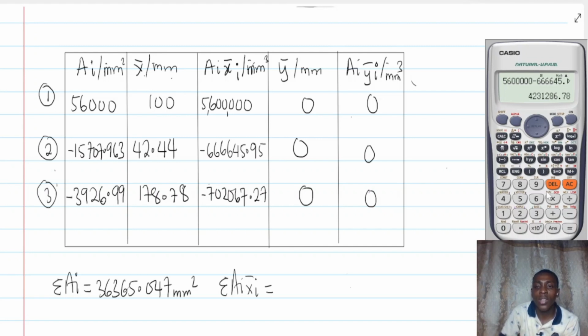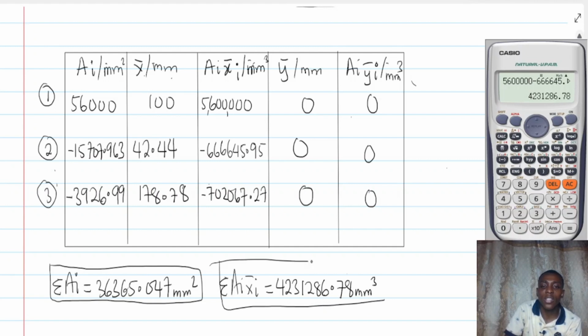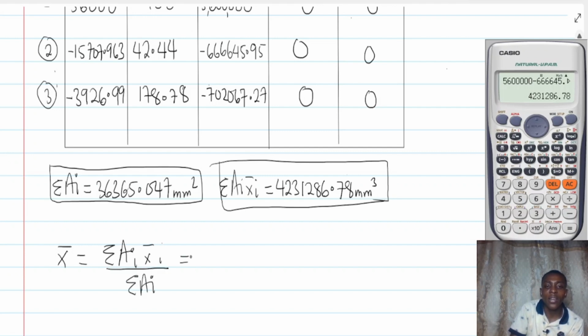This is going to give me 4231286.78 millimeter cube. So I have summation A_i, then I have summation A_i x bar_i. So I can go ahead and calculate the x bar. So the x bar is going to be summation A_i x bar_i divided by summation A_i, which is what?